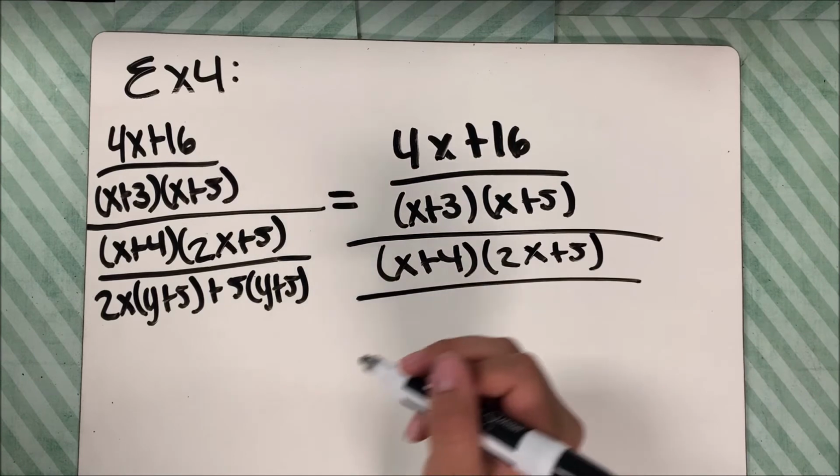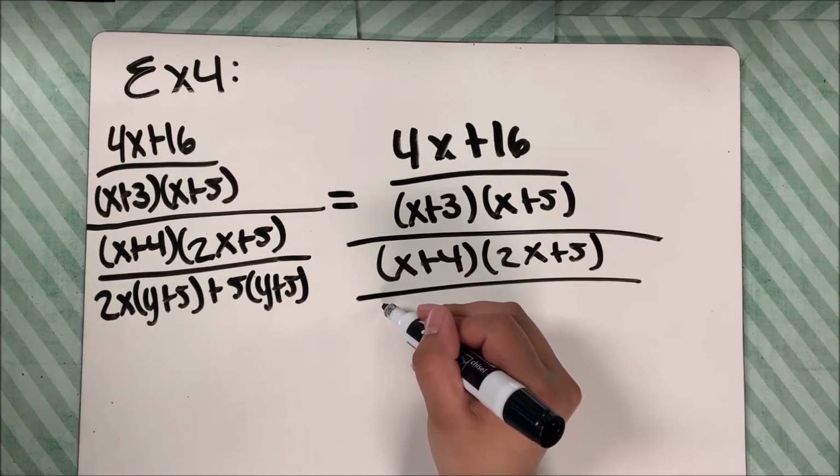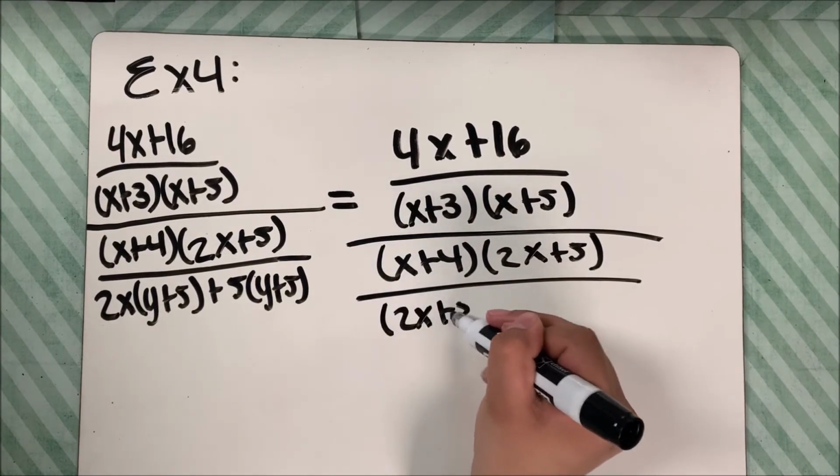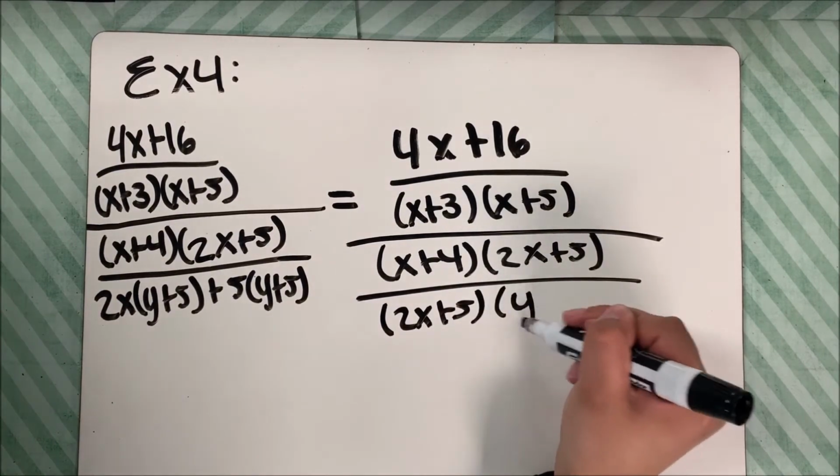Now on this step, since y plus 5 is the common factor, you can factor it out and you're left with 2x plus 5 as your second factor.